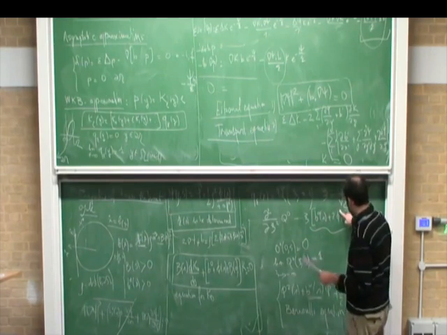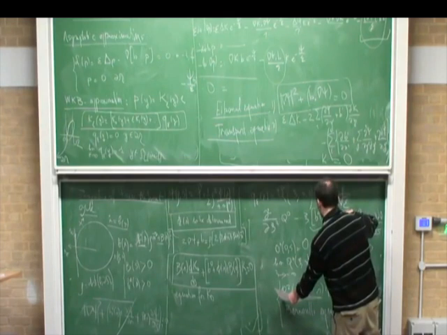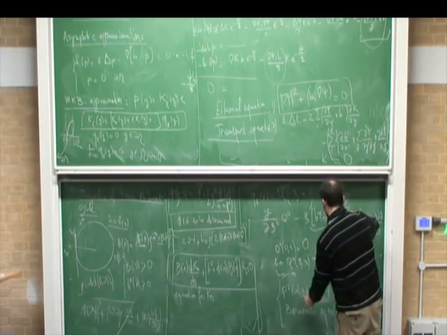You get 2 phi squared, which is this one, plus b0.